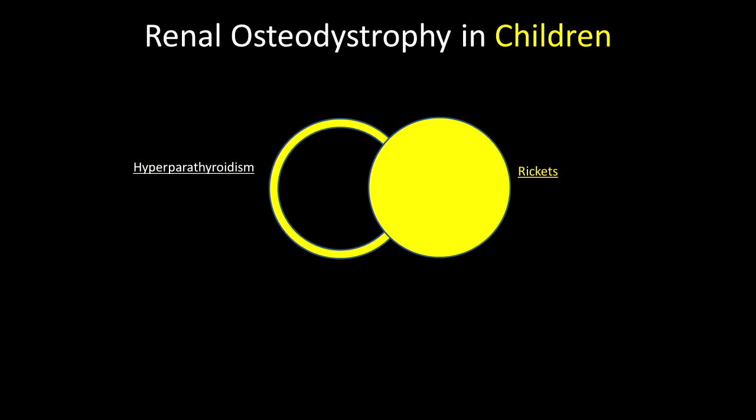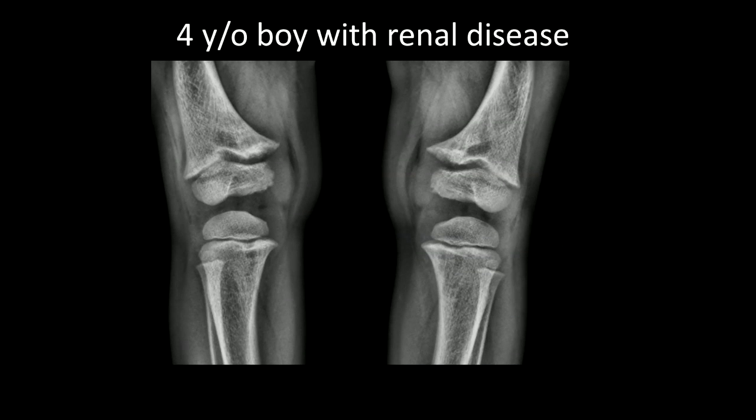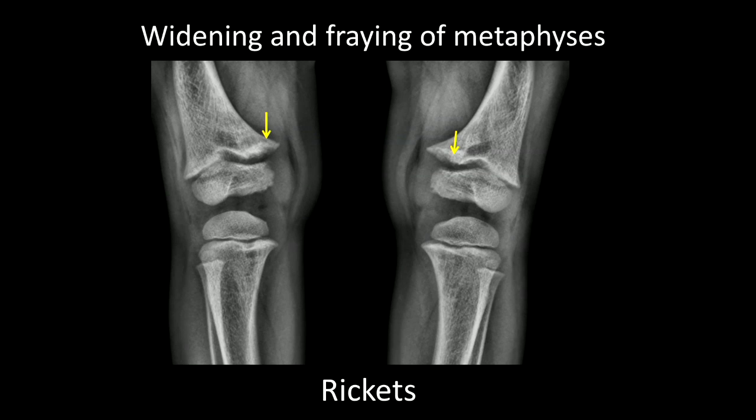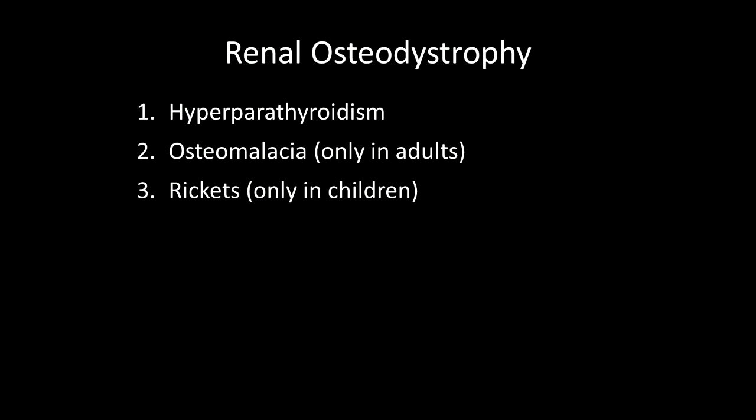So if you make the observations of rickets in children, you always have to consider renal osteodystrophy as a possible underlying cause. So this 4-year-old boy with chronic renal disease has fraying and irregularity of the metaphysis of both distal femurs. And in this case, the findings are due to rickets, and rickets being a component of renal osteodystrophy.